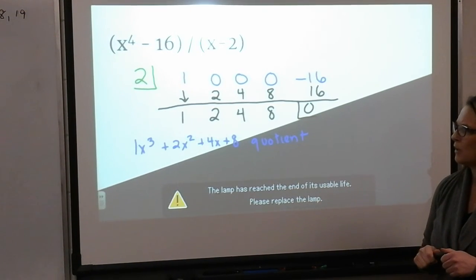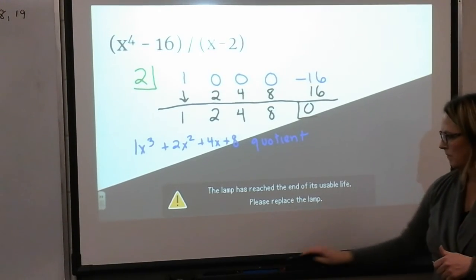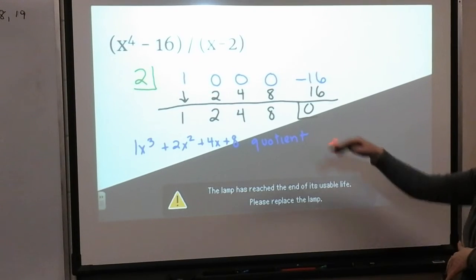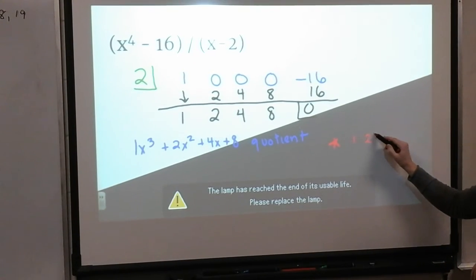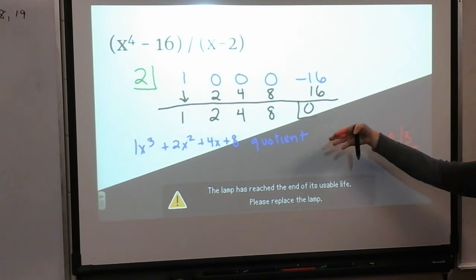So x cubed plus 2x squared plus 4x plus 8 is my quotient. Now, let's say when I did this, I got 1, 2, 4, 8, 3 as the last number in a different example. This just tells me my remainder is 3. In this example, my remainder was 0, so I didn't have a remainder.